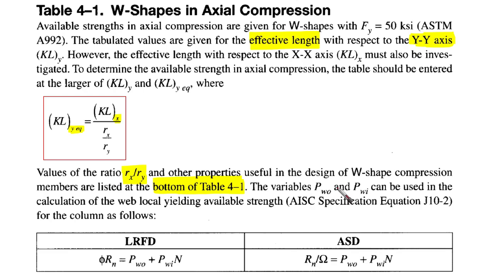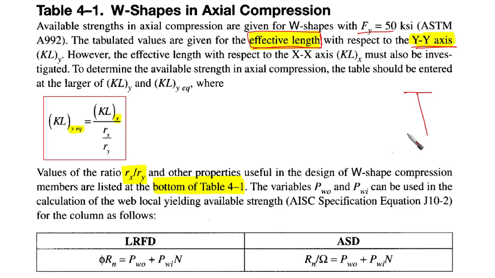So let's read this part because it's important in the manual. Available strengths in axial compression are given for wide flange shapes with Fy equal to 50 ksi according to ASTM. The tabulated values are given for the effective length with respect to the y-axis.